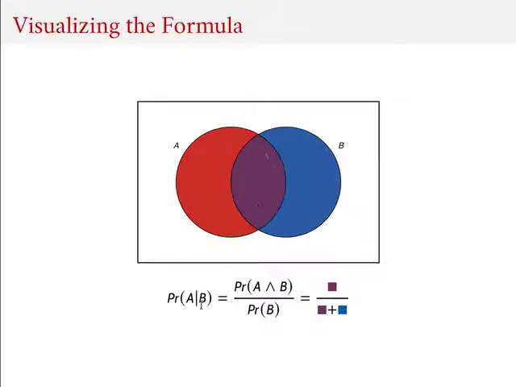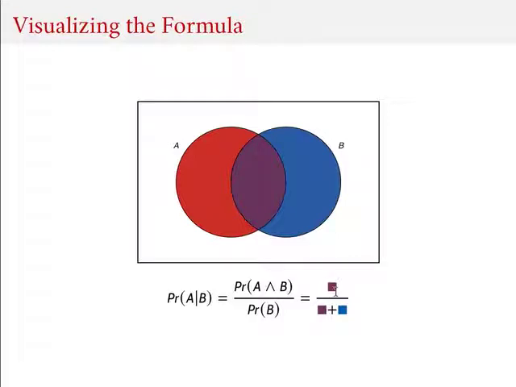That is, the probability of A given B is the proportion of B that is also A. And so to understand this bottom thing here with the addition, you can think of B's total space as being a combination of the part of B that is A and the rest of B which is not A, which is the blue part here. So if we add up the part of B that is also A and the part of B that is not A, the purple and the blue, we get all of B.